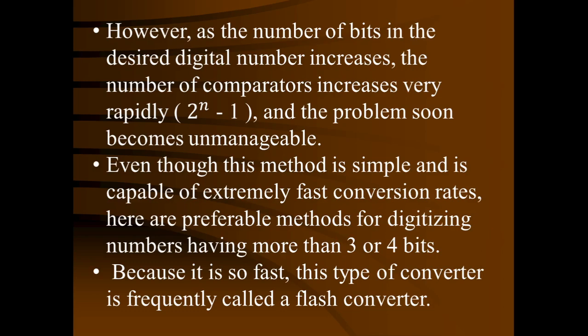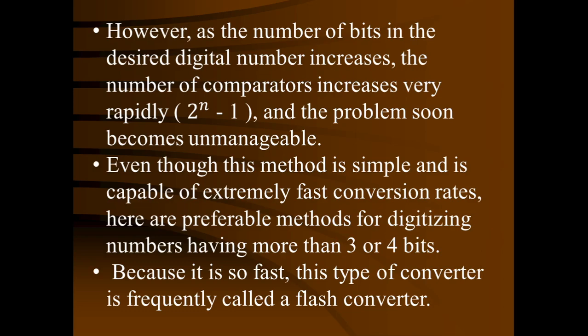It means that if the number of bits increases, for more and more resolution, say 8-bit is required, how many comparators are required in that case? If it is an A to D converter of 8-bit, that means the digital combinations is going to be 2 raised to 8, 256 combinations will be there.